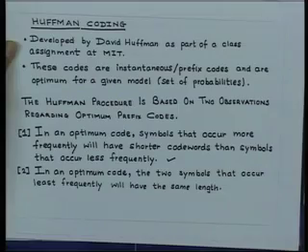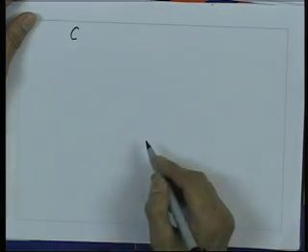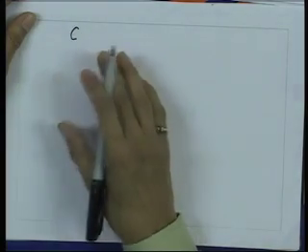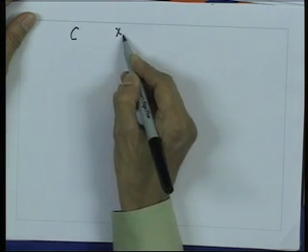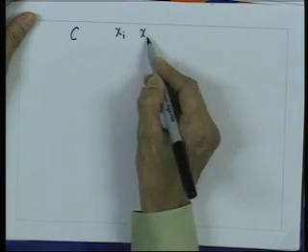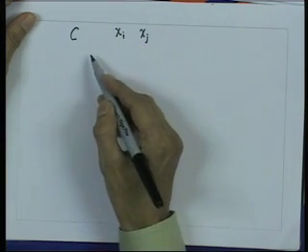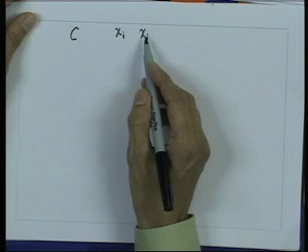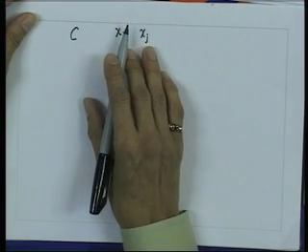Now it is not very difficult to see that the second observation is also true. To understand this, let us assume that I have a code C and there are two code words xi and xj which correspond to the two least probable source symbols.